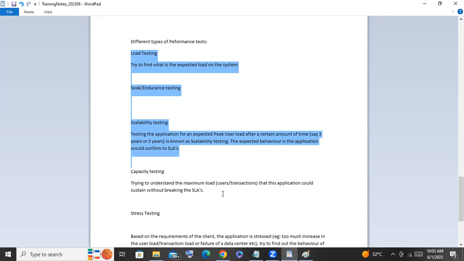How much you increase the number of users, how you increase them, for how much time you stay there, and what kind of behavior you are expecting out of the backend infrastructure. That is the only difference when you are talking about different types of performance tests.